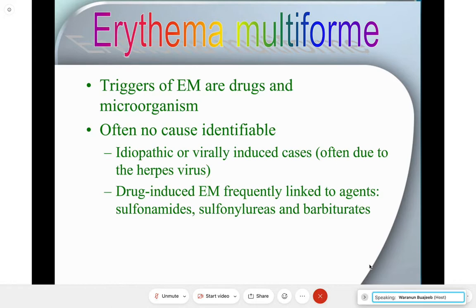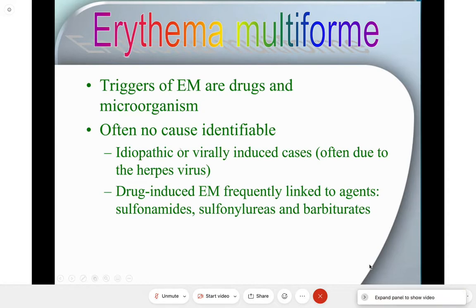Talking about what can trigger erythema multiforme, quite commonly some medication like sulfonamide or carbamazepine, and microorganisms. The most common are herpes simplex virus infection and Mycoplasma pneumoniae.